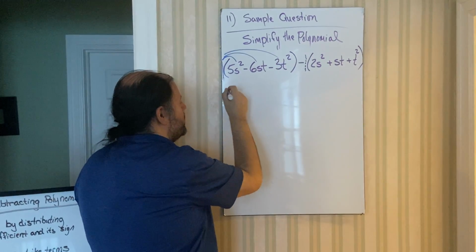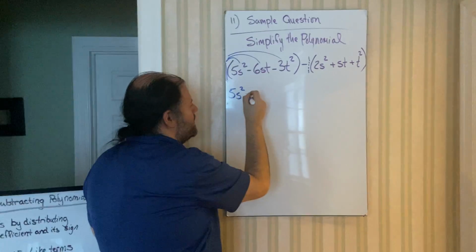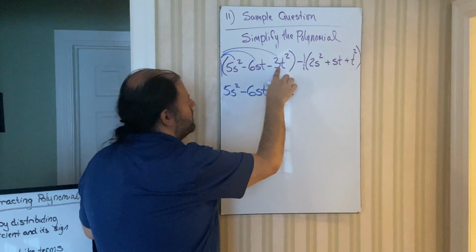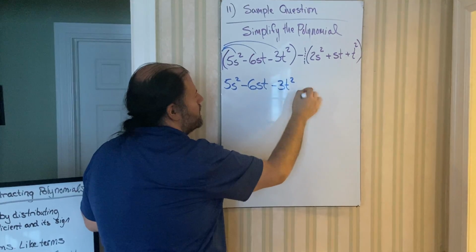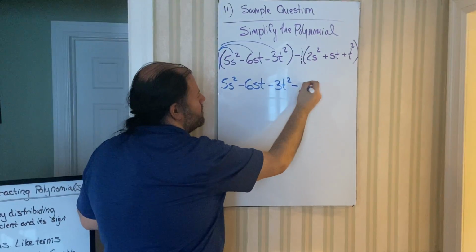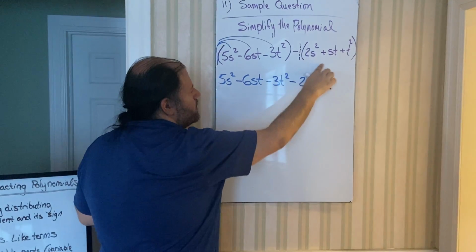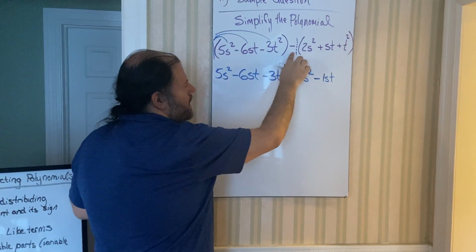1 times 5s squared, 5s squared. 1 times -6st, -6st. 1 times negative 3t squared, negative 3t squared. This times this, negative 2s squared. Notice when I distribute with a negative 1, all the signs change.